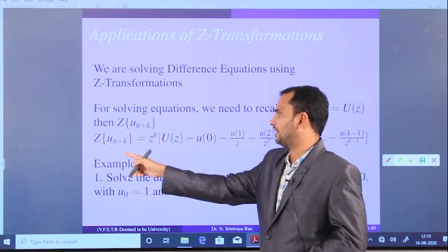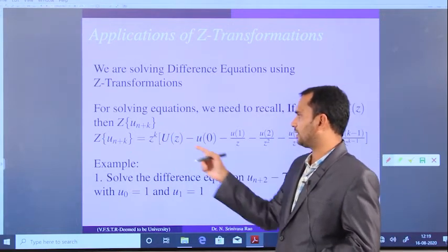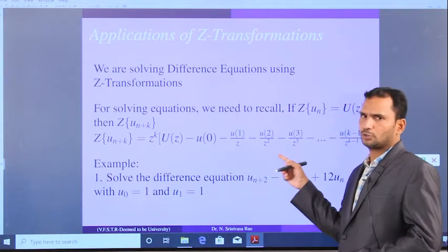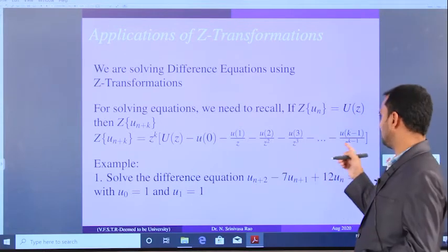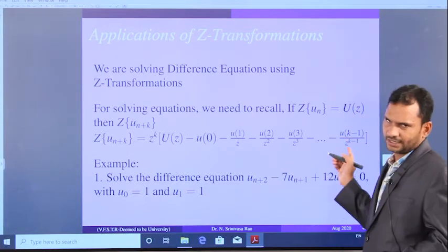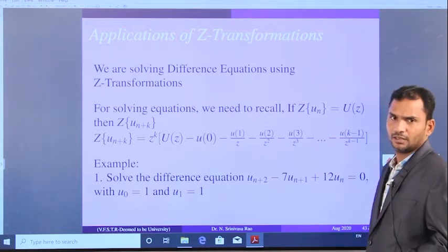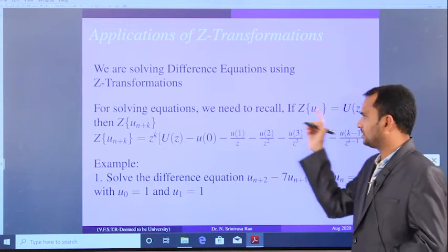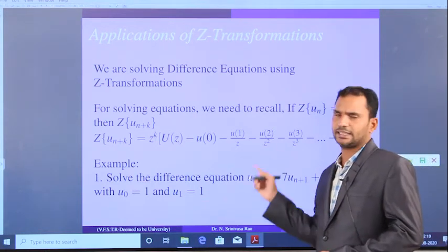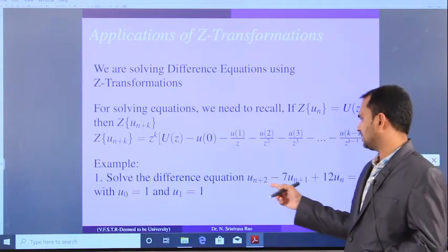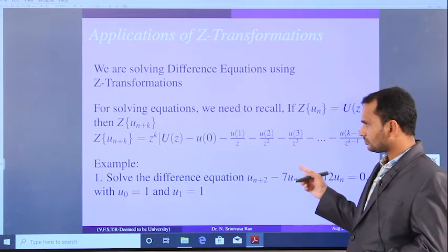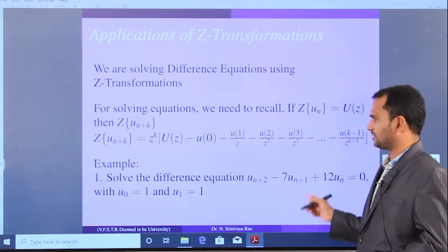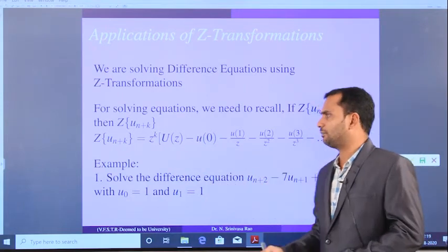Z of u n plus k is z power k into u of z minus u naught minus u1 by z plus u2 by z square minus u3 by z cube and so on, up to u k minus 1 by z power k minus 1. This is the shifting property that we have to apply when solving difference equations. Now I will tell you where we are going to use this shifting property. For that, first look at example 1.